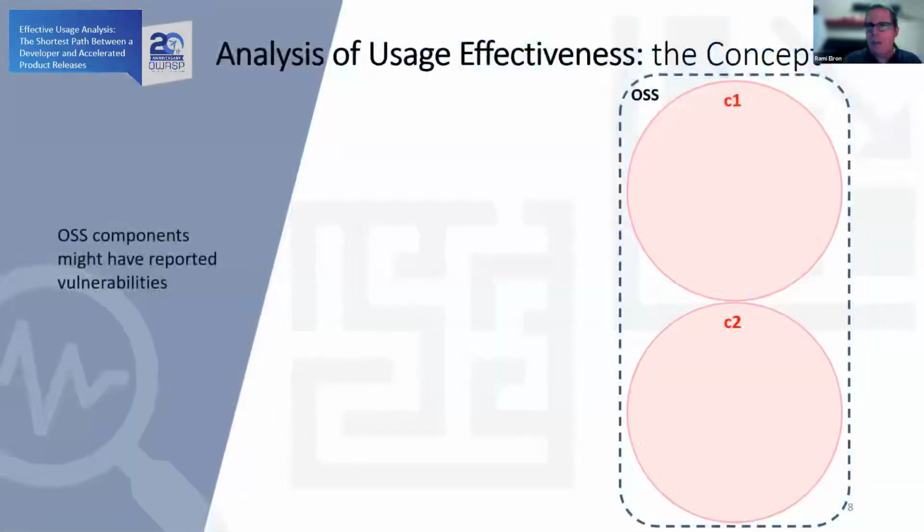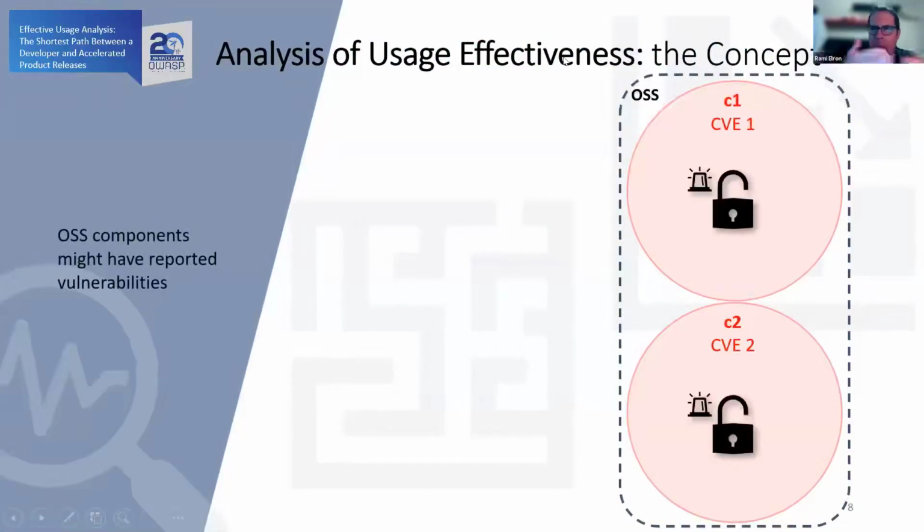So let's look into the following depiction. And hopefully the portrayal will not only make perfect sense, but will really carry you through the process of realizing how this could be of value already within a given environment. The basic premise here is that OSS components might have reported vulnerabilities. It goes for a given version.